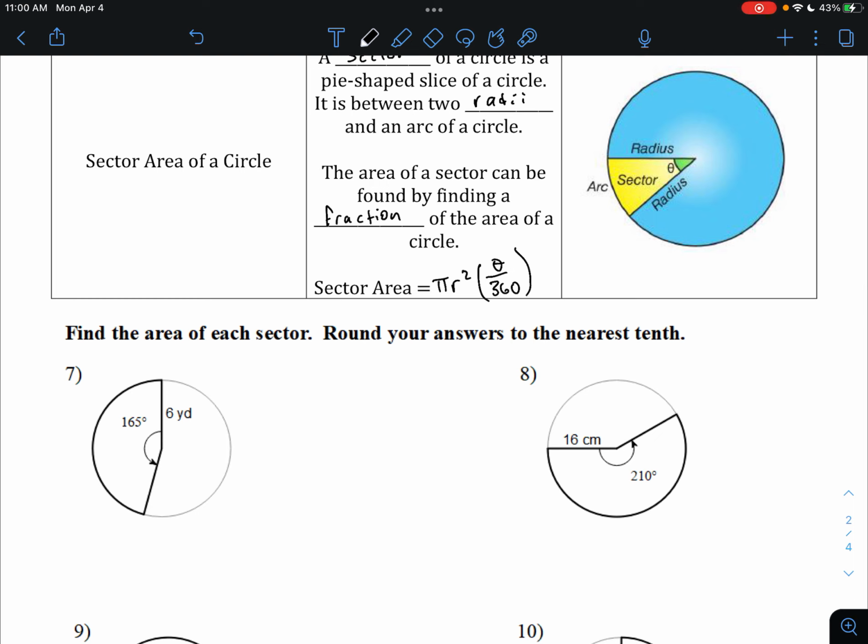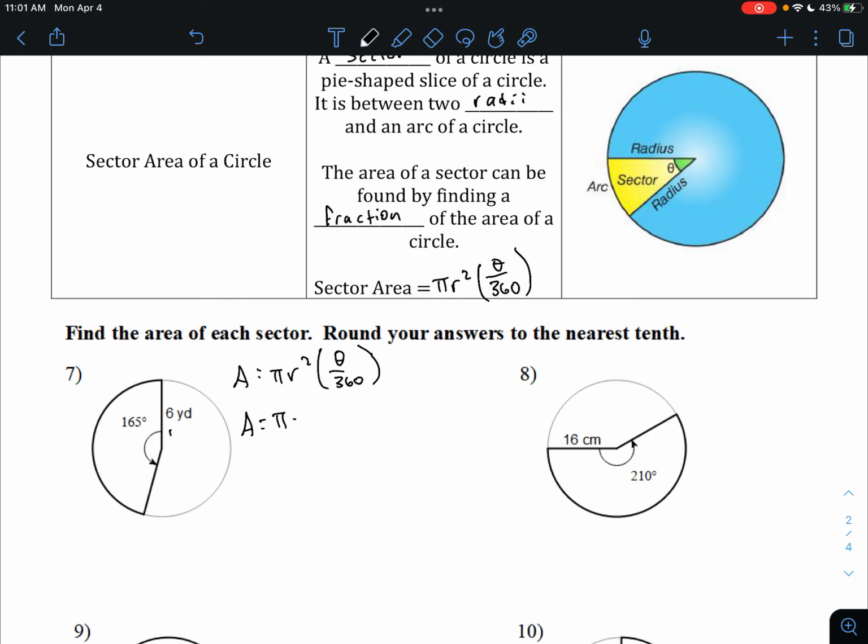And if we look at our first example here, on example 7, I know these numbers don't exactly line up with the previous page, but that's okay. We know the area equals pi times the radius squared times the fraction that we're actually finding. And we're given a radius, we're given an angle, and those are the two things that we're going to plug in. So the area equals pi times the radius.